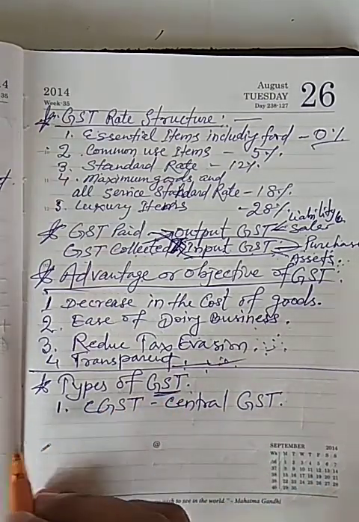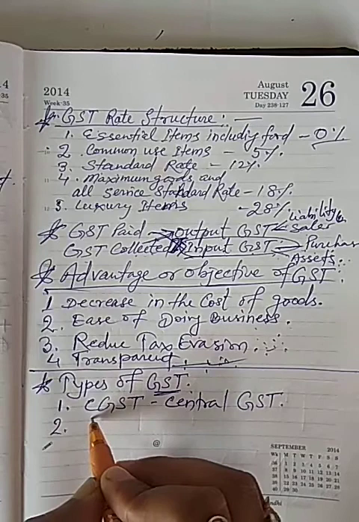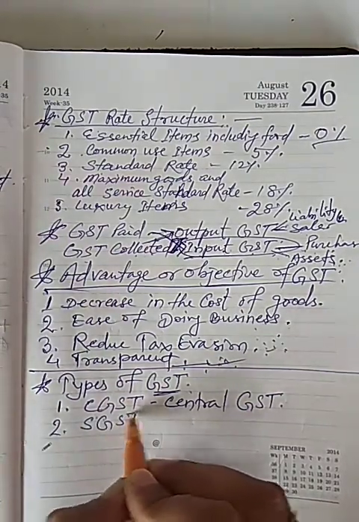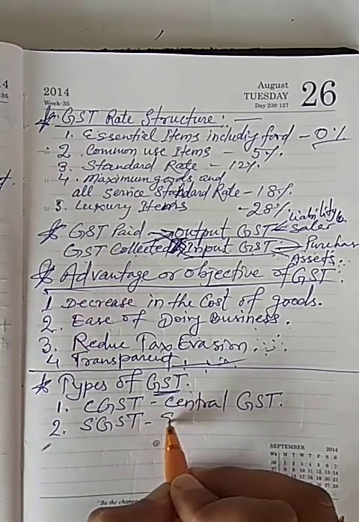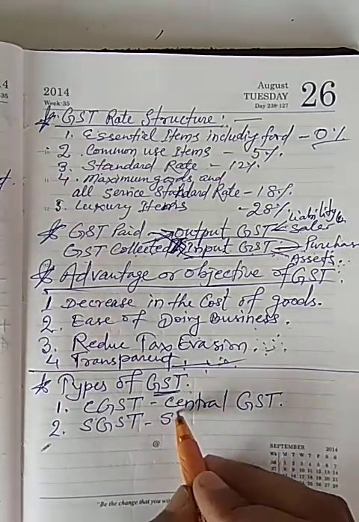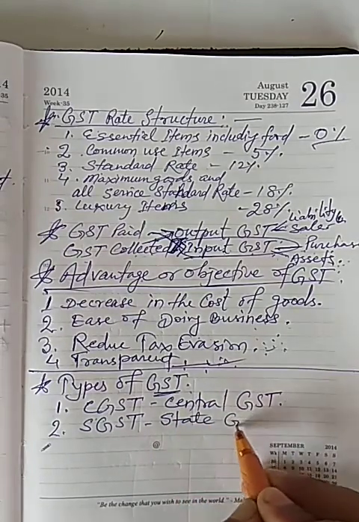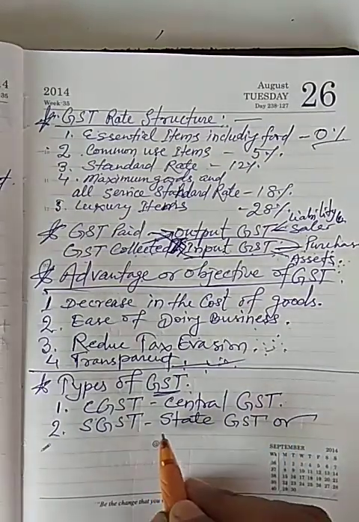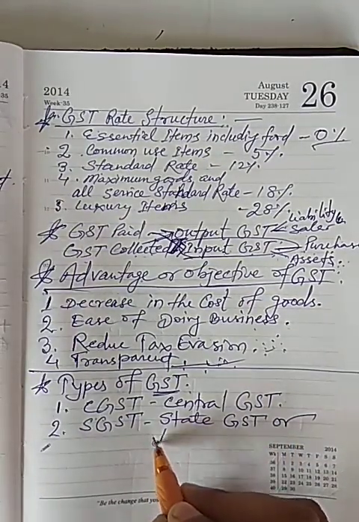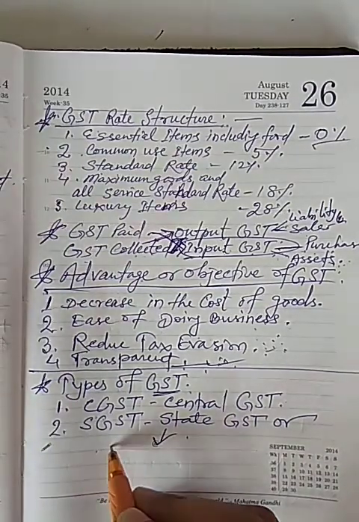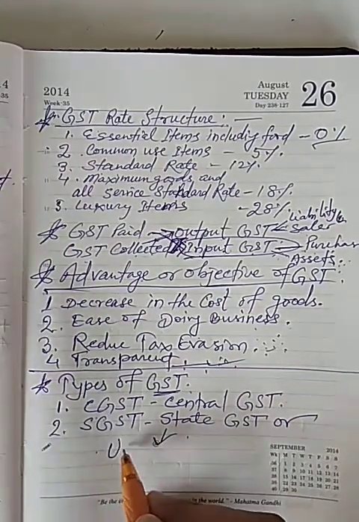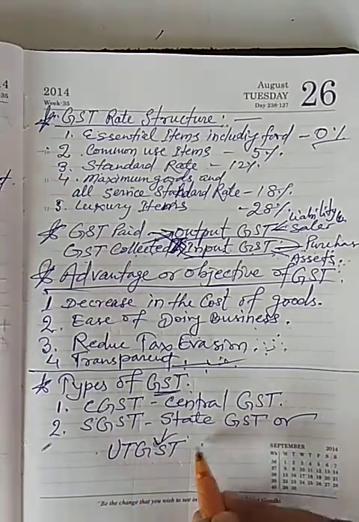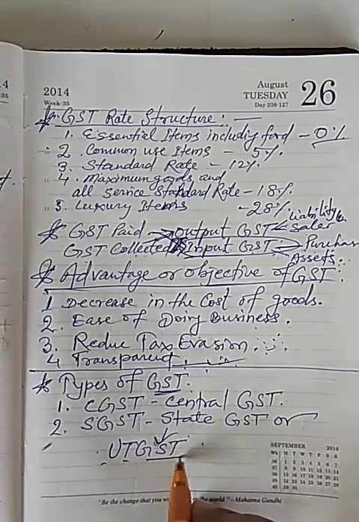Second is SGST, means state GST, or it is also UTGST, Union Territory GST.